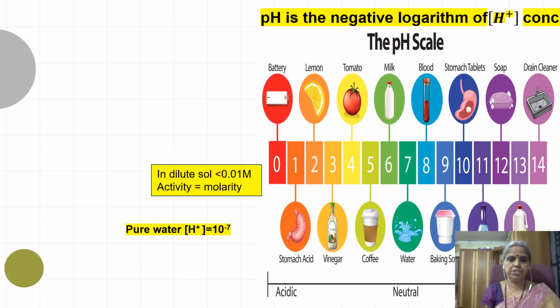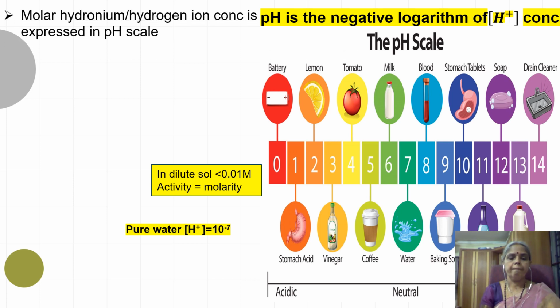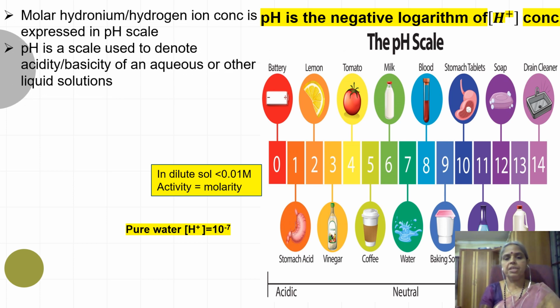What is pH? pH is the negative logarithm of hydrogen ion concentration. The pH scale extends from 0 to 14, though pH of less than 0 and greater than 14 are also possible. pH is a scale used to denote acidity or basicity of aqueous or other liquid solutions, non-aqueous solutions also.